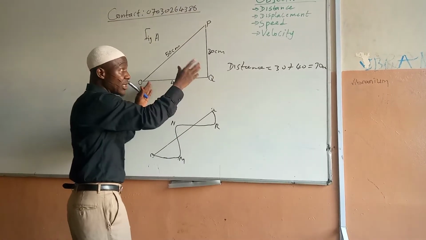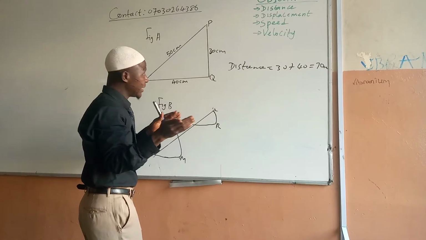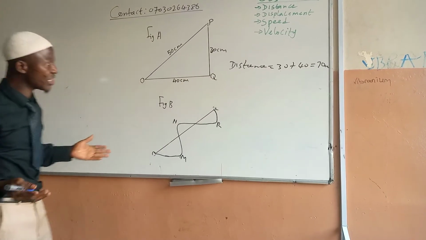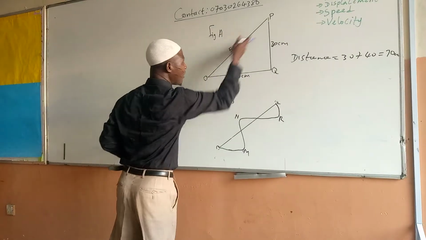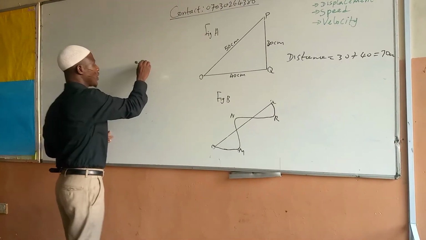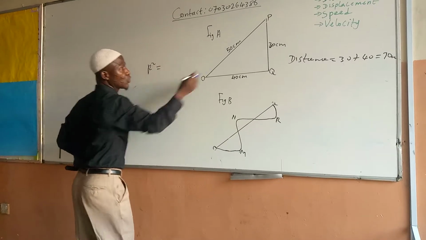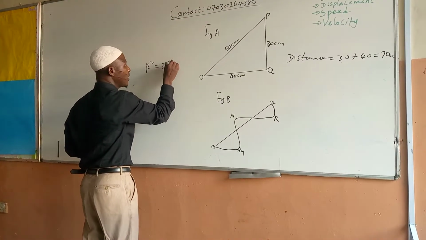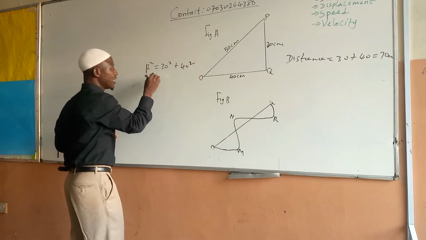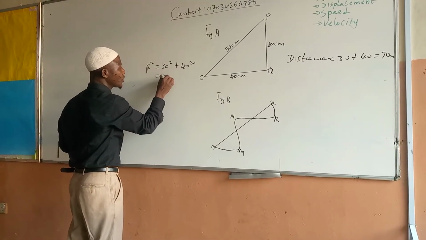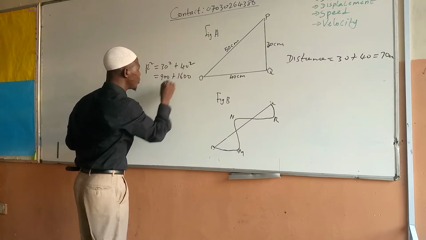Now, since that has already formed a right angle triangle, like what I said before, you can easily use Pythagoras theorem to get it. So this one will serve as the hypotenuse of the triangle. We are going to have hypotenuse squared is equal to opposite squared, which is 30 squared, plus adjacent squared, that is 40 squared. So we are going to have 900 plus 1600.